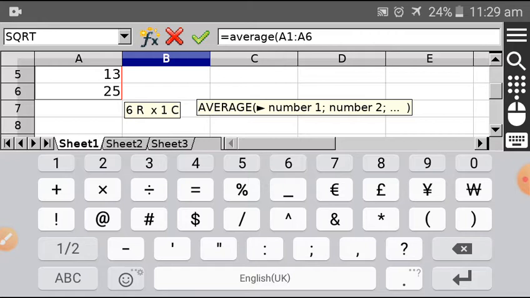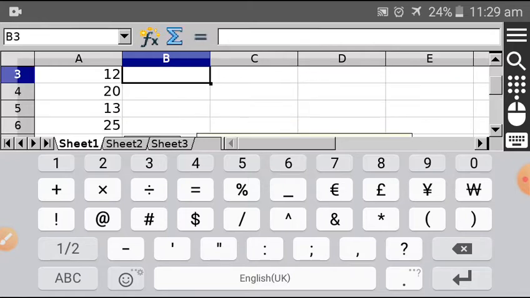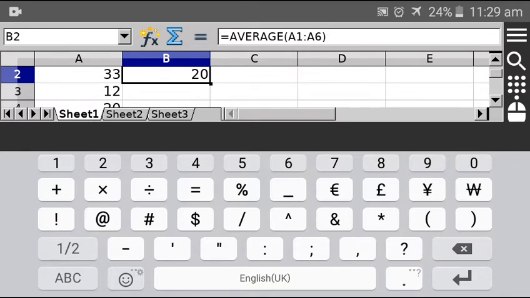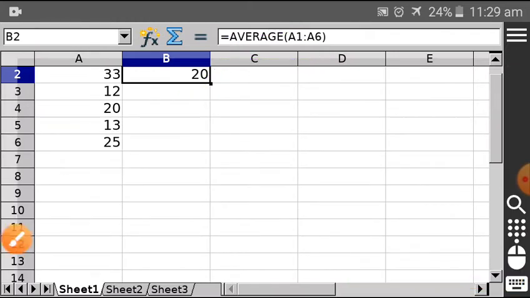It's not so easy because we are not habitual to it, but when we practice we will get it. You can see here my value is 20. Here is the formula AVERAGE that we are using, and the average is coming as 20.